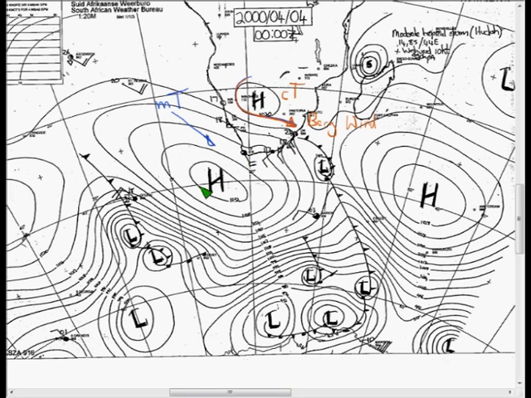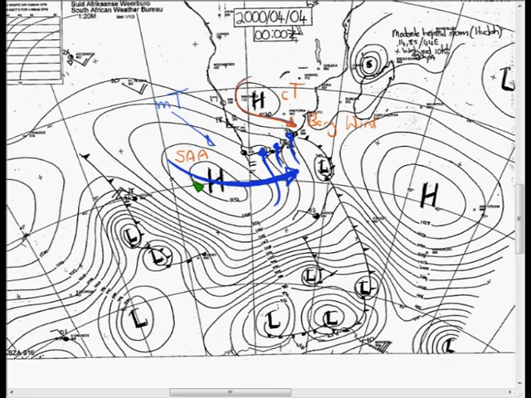Behind the front, and this is the real driver, the South Atlantic anticyclone is ridging in. That means it's pushing in this fashion. It's extending south of the country, and the anticyclonic circulation around that is going to be onshore, and you see those feathers pointing out to sea.